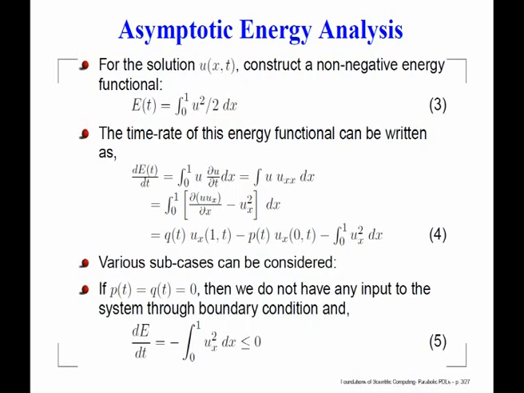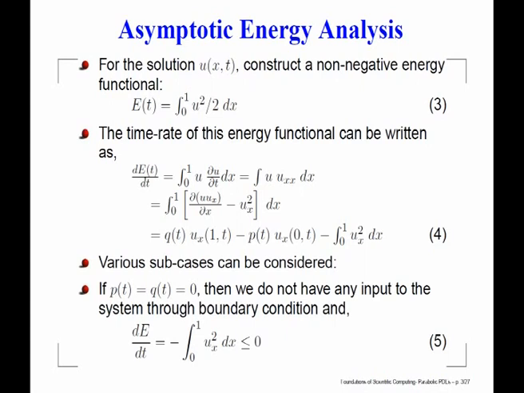Now, most of the time when you are taught any of these equations, especially the heat equation, you are told, let us give some initial temperature distribution and then see what happens. So, there is nothing from the boundary.